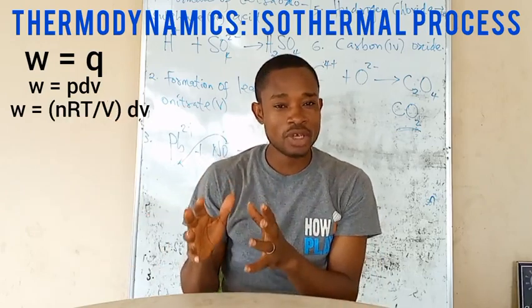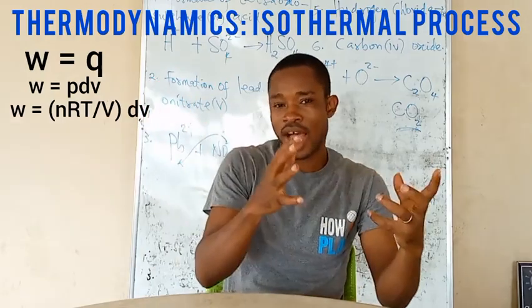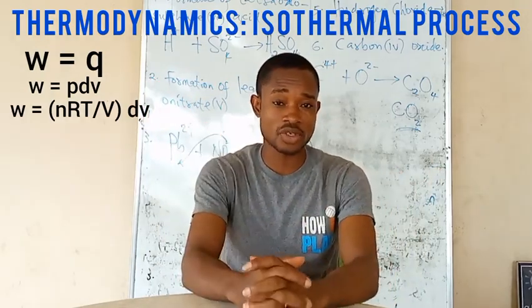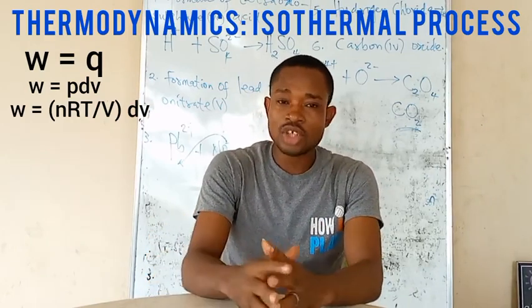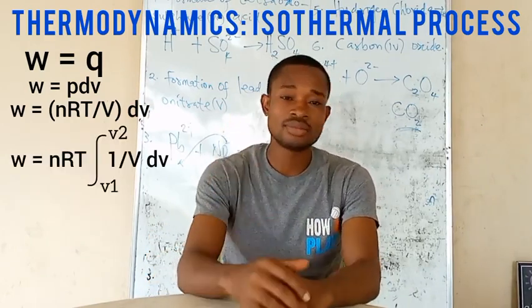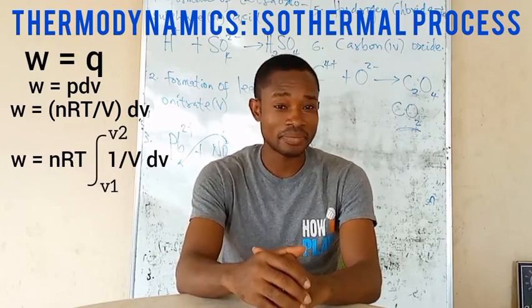We are integrating the volume term, that denominator V. So nRT will be brought out because I'm going to introduce the integration sign. Watch as we do the analysis on the screen. W is going to be the integral of nRT over V dV.